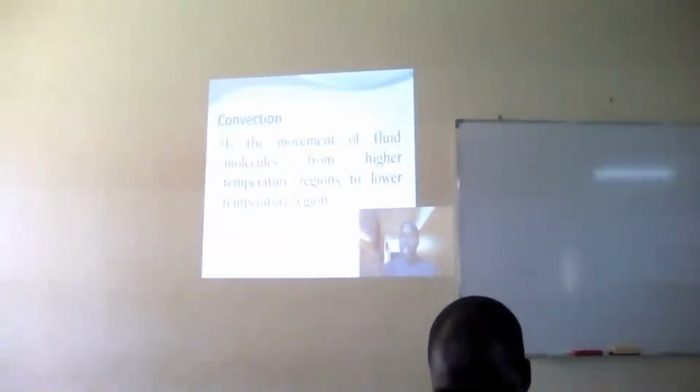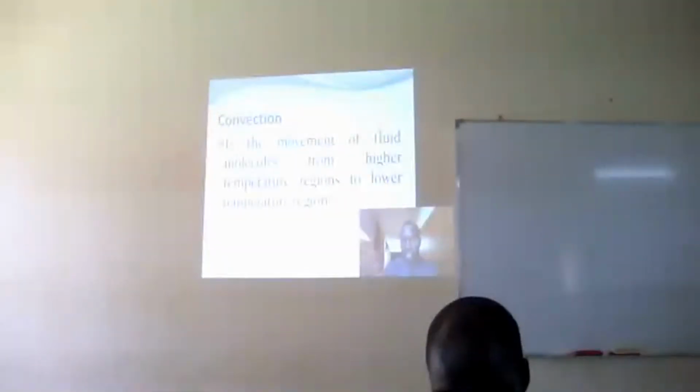In this one, the molecules which are hotter or warmer move to a region which is having low temperature. So this one is different from conduction in a way that in convection, there is actual movement of the particles of the matter from that region of high temperature to that region of low temperature.